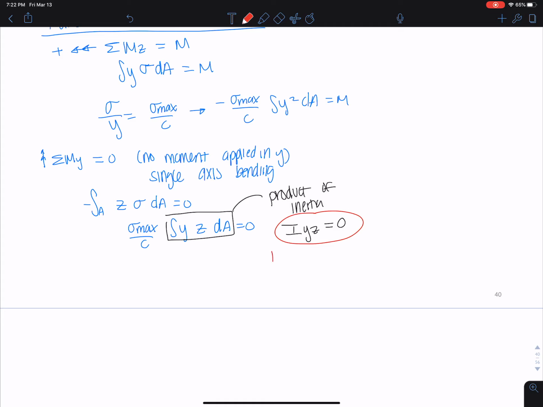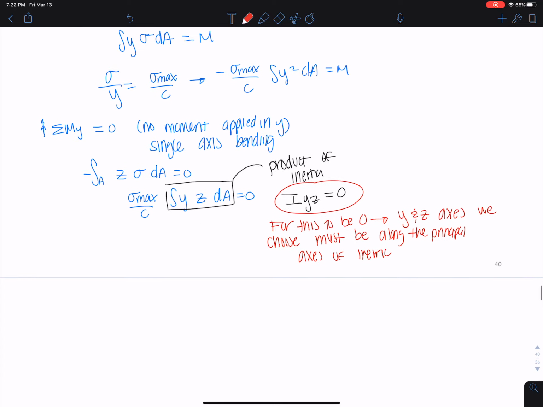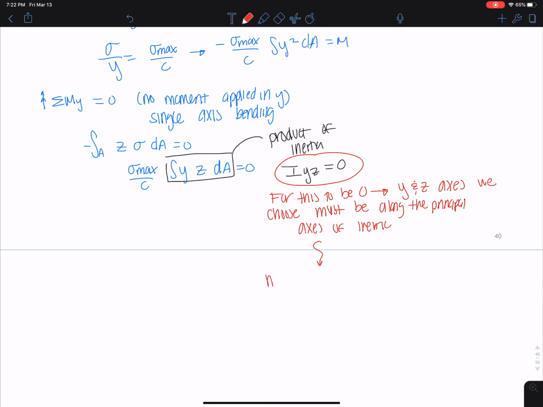So, for this to be 0, the y and z axes we choose must be along the principal axes of inertia. And we call these our major and minor principal axes.